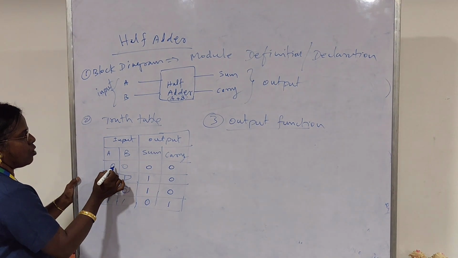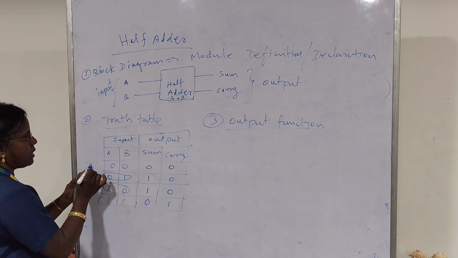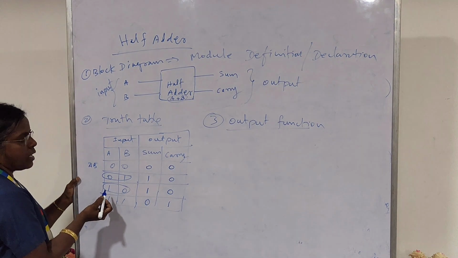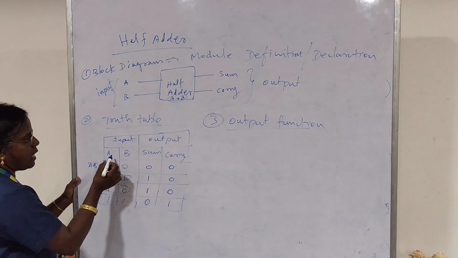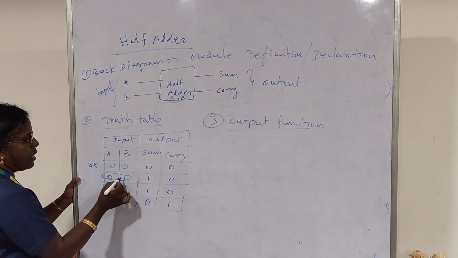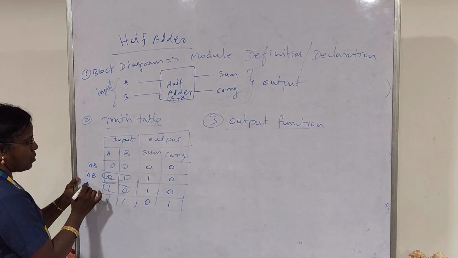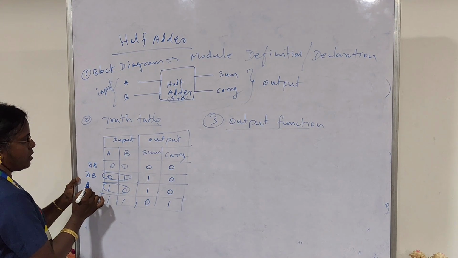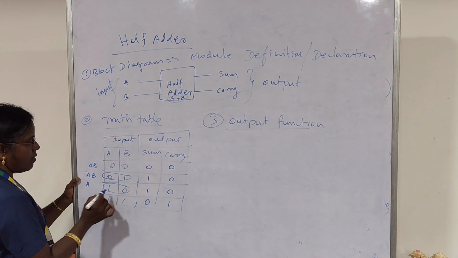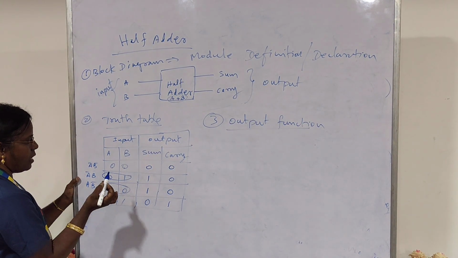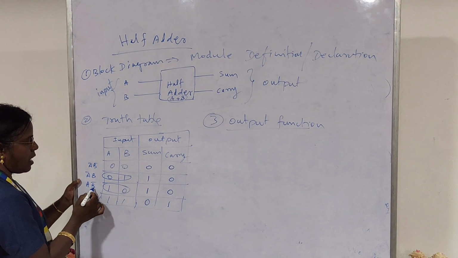So here A is 0, B is 0. It can be represented as A bar, B bar in variable format. A is 0 here, B is 1, so it can be A bar, B. And here A is 1, so you take A in normal form, and B has the value 0, so take B in complement form. So you have A, B bar.